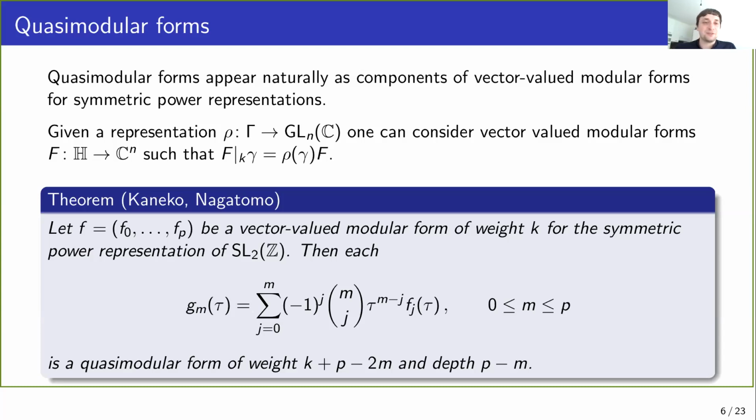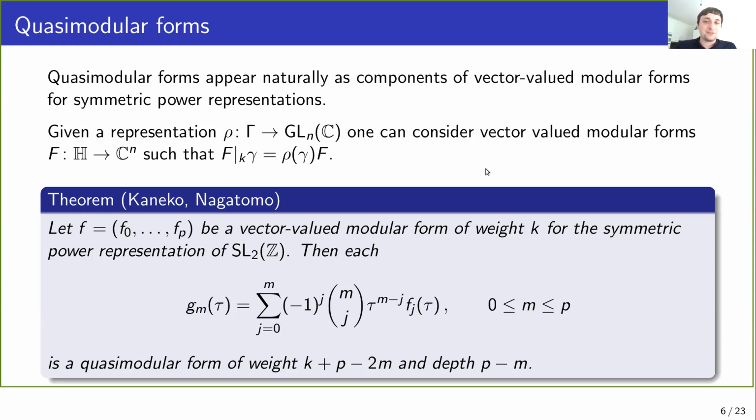This is a nice result by Kaneko and Nagatomo, who were interested in vertex operator algebras, though I'm not sure why exactly they needed this statement. So it maybe gives a connection to what Henry is going to talk about.